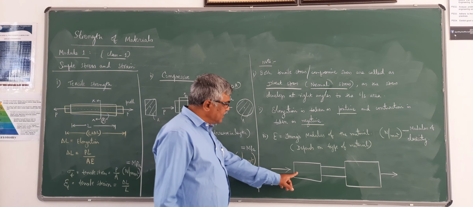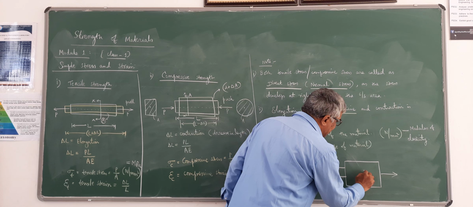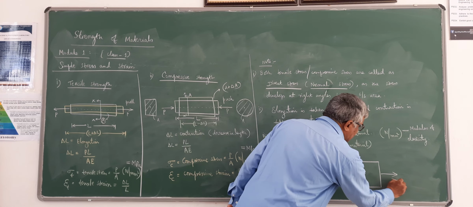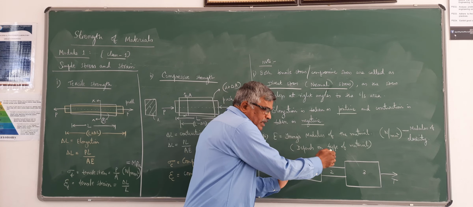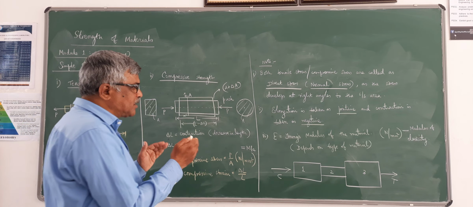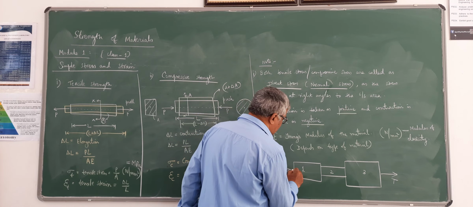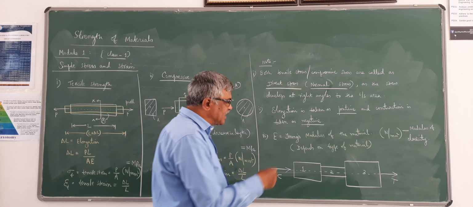For example, this bar 1 is subjected to compression, bar 3 is subjected to tension. This is tension, this is compression. In such a case, some segments may be subjected to tensile stress, some to compressive stress. And finally you are interested in finding the total elongation, that is delta L.